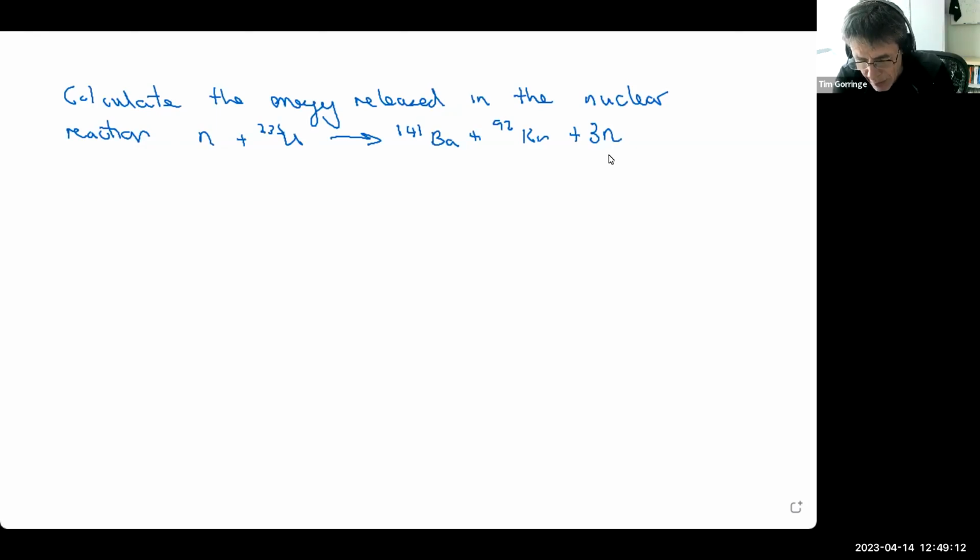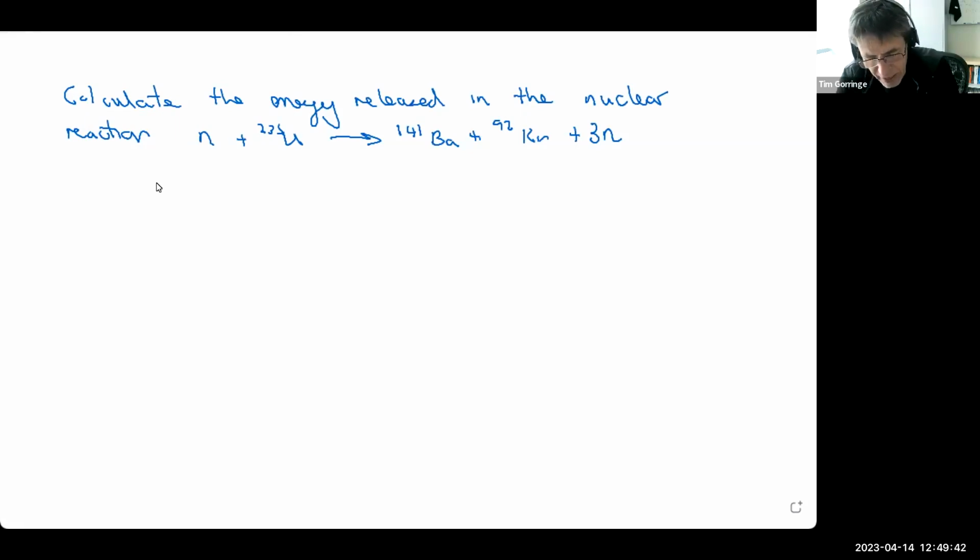And as I say, if we add up the masses of the daughter nuclei over here on the right, and we add up the masses of the parent nuclei over here on the left, we find that the mass of the products is less than the mass of the reactants, and that energy is released as kinetic energy. It goes to make the thermal energy in a nuclear reactor.